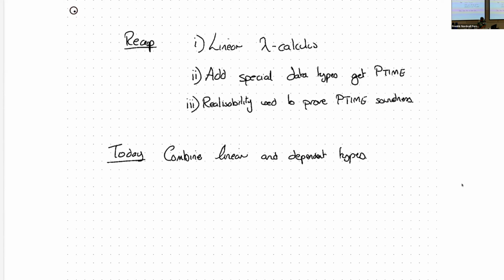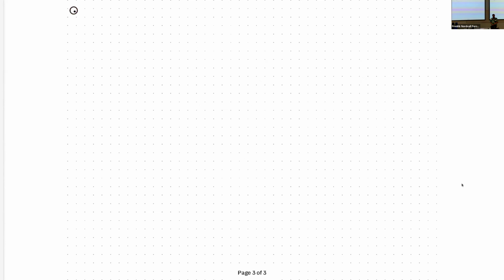Okay. However, combining linear and dependent types falls apart as soon as you try and think about it. The main problem is that there's a fundamental clash about how they use variables. So here's a simple dependently typed program, written out as a typing judgment.